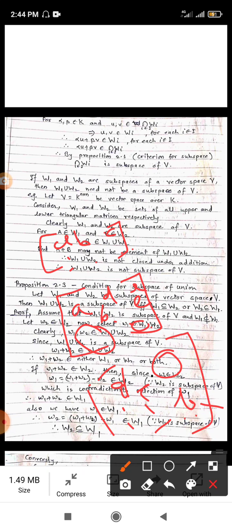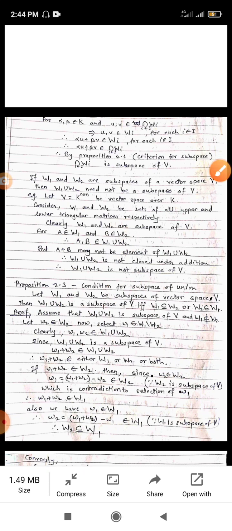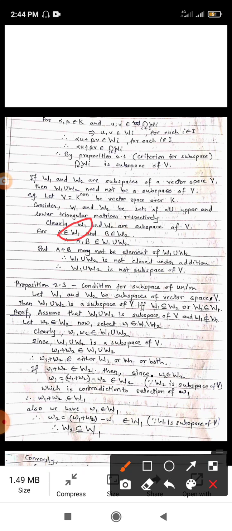For example, the 0 matrix is upper triangular as well as lower triangular, but not every n by n matrix is 0. Therefore, that union does not form a subspace. Or see the example: if A is upper triangular and B is lower triangular, A and B belong to W1 union W2, since it contains all upper triangular as well as lower triangular matrices.